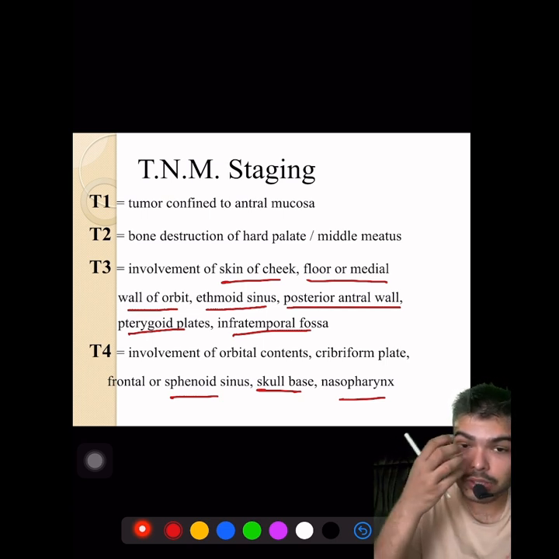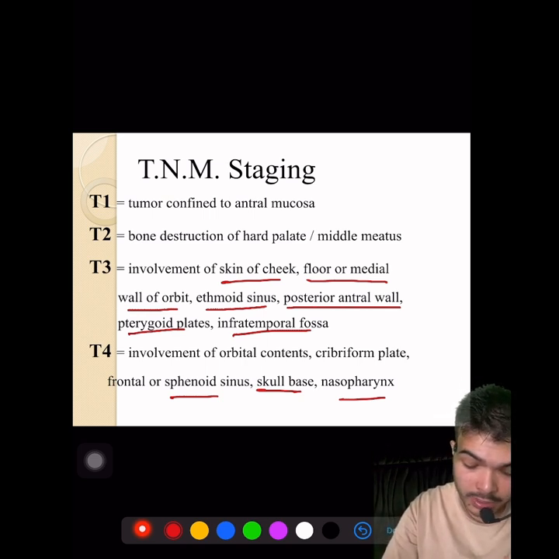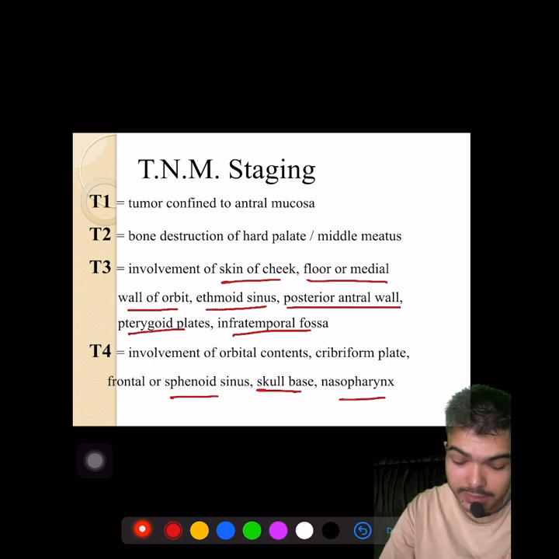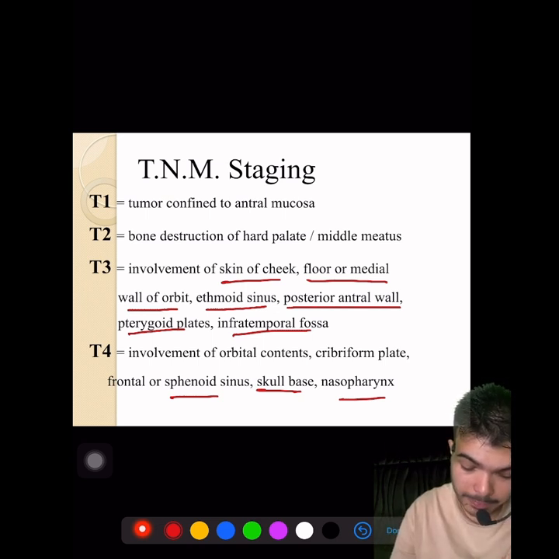Orbital exenteration means you are removing all the contents of the orbit, right? And sometimes it's important to remove the areas of your palate. So total maxillectomy, Weber-Ferguson incision, palatal defects, and then you are keeping some prosthesis.